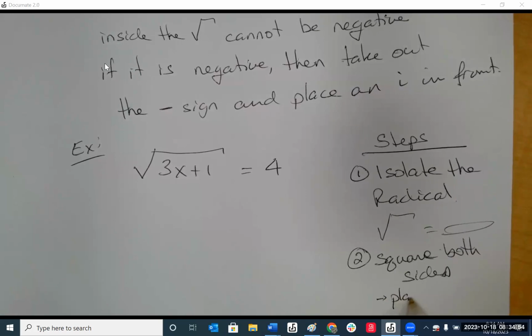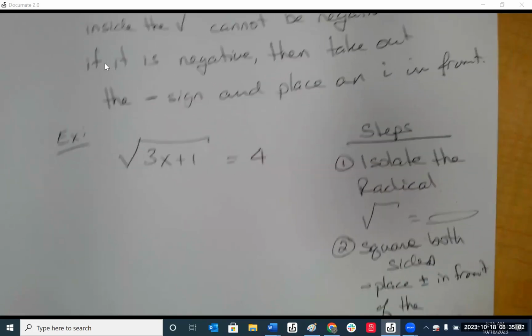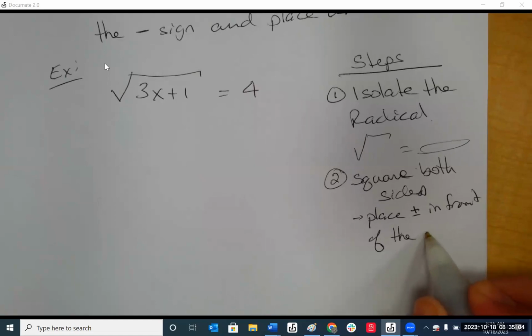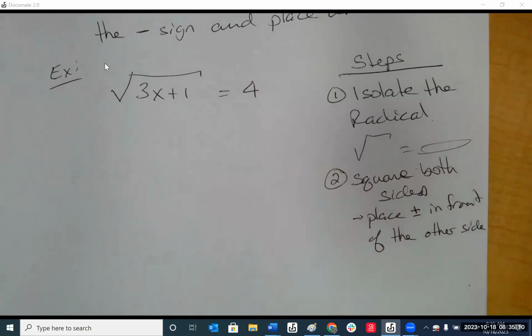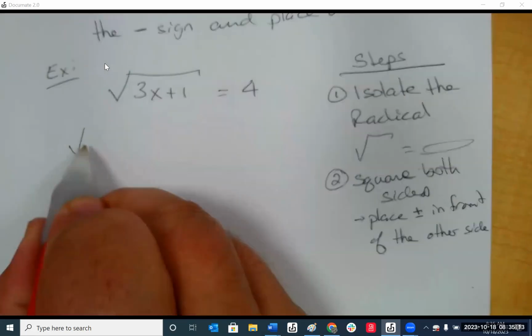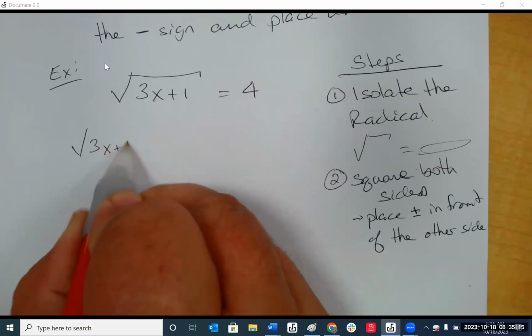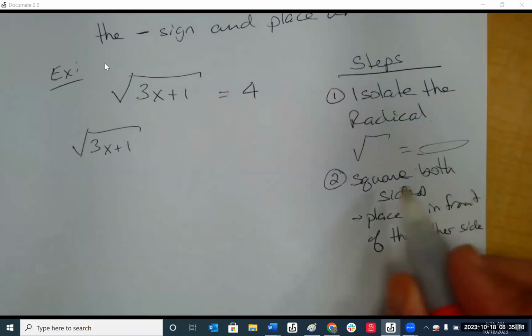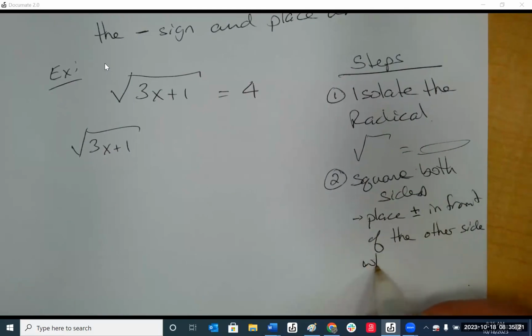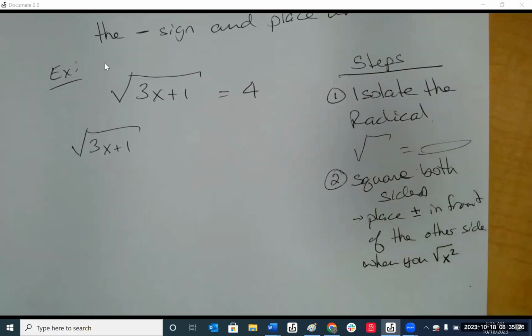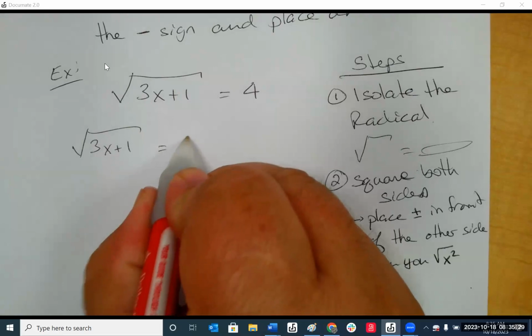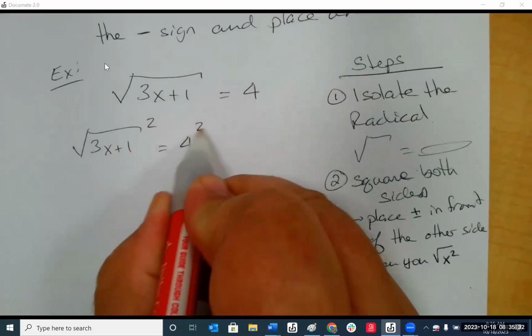Remember, place a plus or minus in front of the other side when you square root something squared. So we square both sides here.